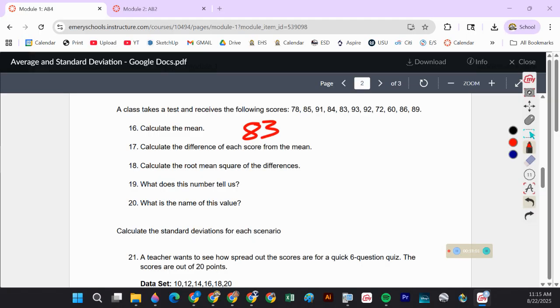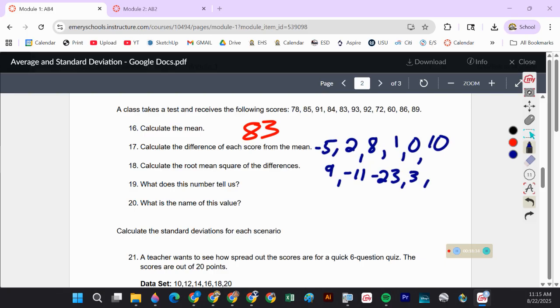Okay. Now, calculate the difference of each score from the mean. So how does 78 compare to 83? It's -5. 85, 2. So then we'll have 8, 1, 0, 10, 9, -11, -23, 3, and 6.